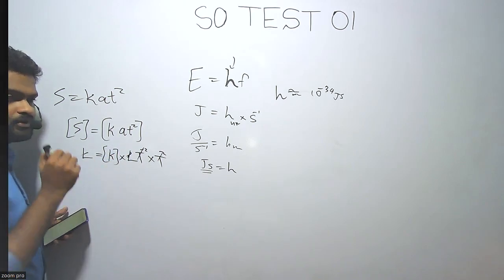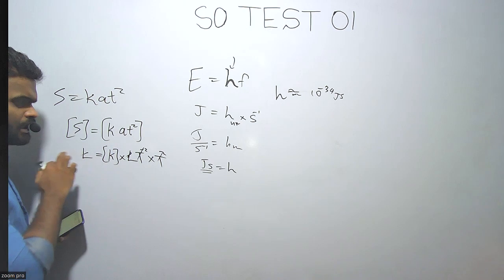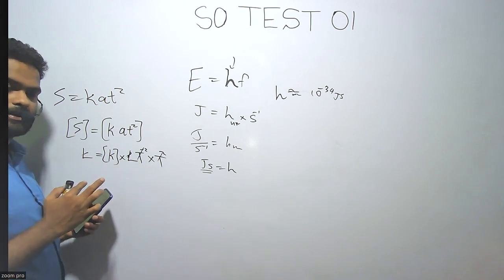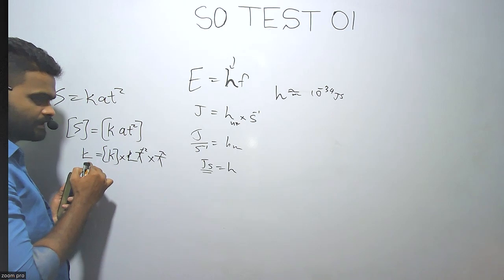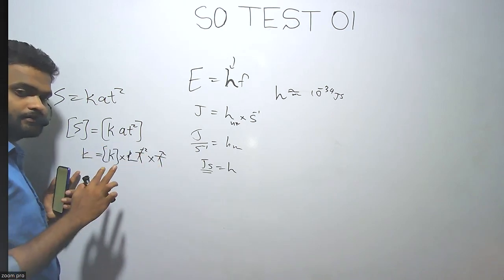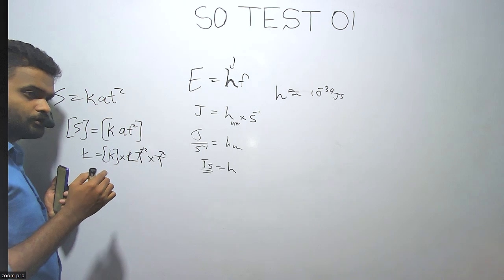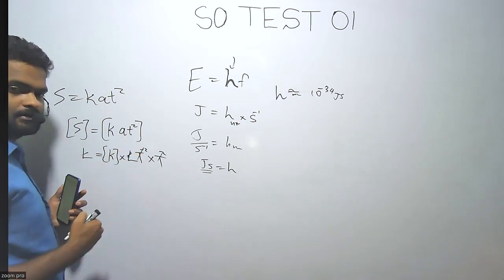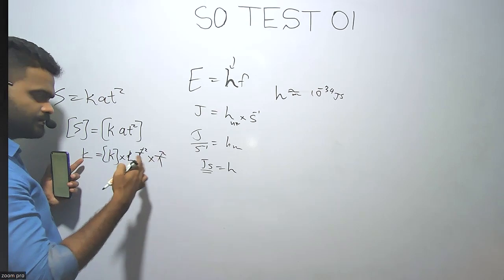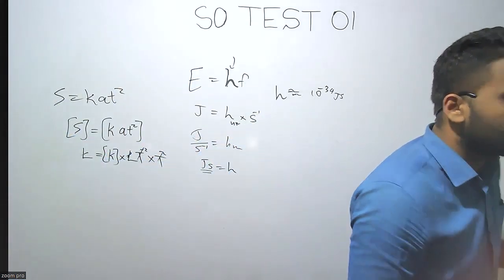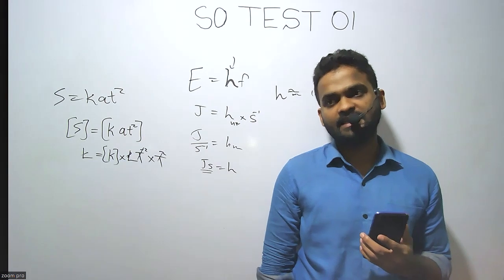Another important thing: you need to cancel everything that can be cancelled, right? If something can be cancelled from both sides, you need to get rid of it. Don't keep even a single thing when you're simplifying. You need to cancel everything that you can cancel. Then the simplification becomes easier.